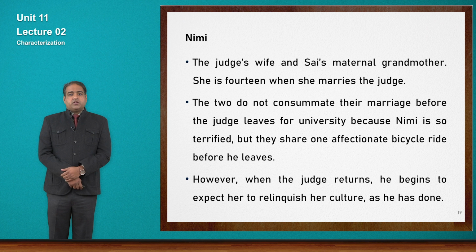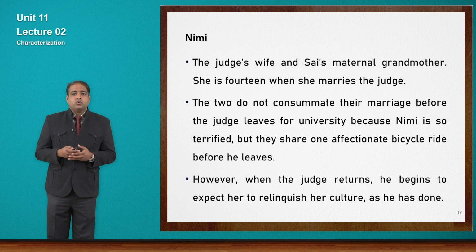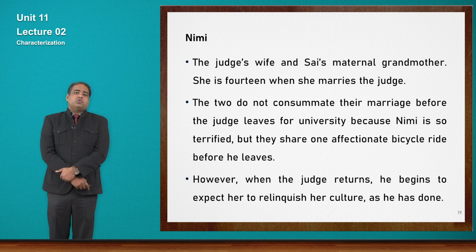So Nimmy and the judge had no relationship initially when they were married to each other. They had one bicycle ride as a remembrance of their marriage. After that, the judge leaves for Cambridge. However, when the judge returns, he begins to expect her to relinquish her culture as he has done.